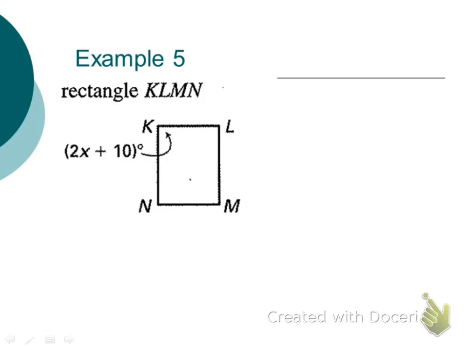Alright, here's number 5. Now we're talking about a rectangle. And I'm given some information about angle K. What do I know about angle K if this is a rectangle? It's a right angle, so I can set 2x plus 10 equal to what? 90. And then I solve for x.